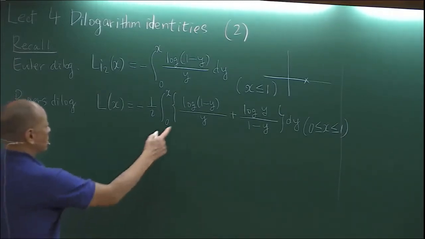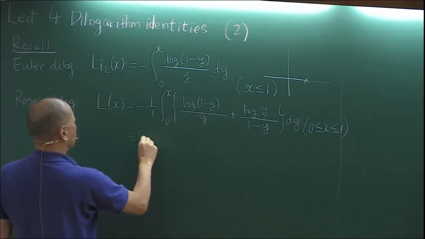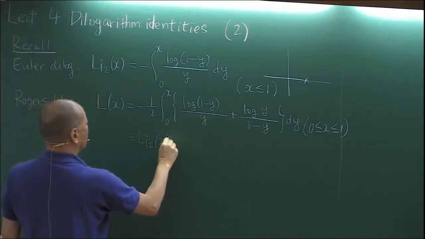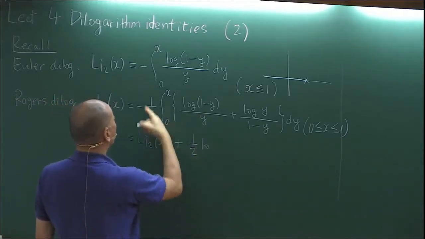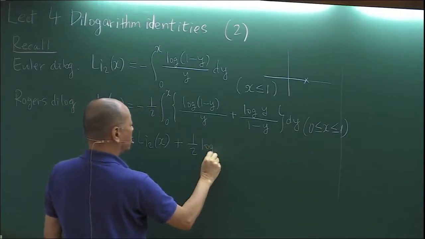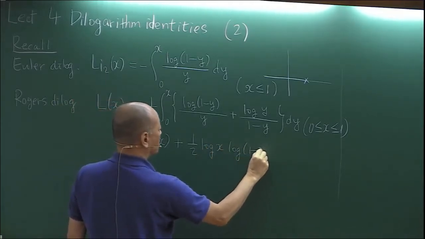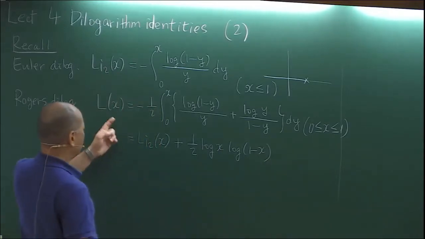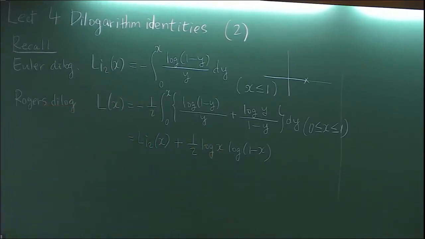And this can be integrated out, which gives you another alternative definition of the L function using Euler dilogarithm and ordinary logarithm. So essentially, these two functions are the same up to this elementary function.